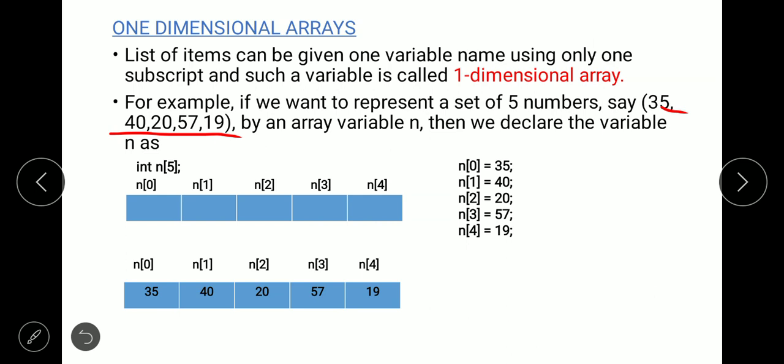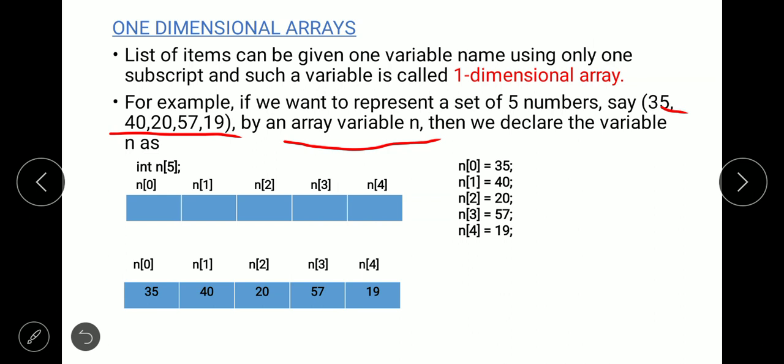But here the data types of all values are the same, that is integer. So we can use an array to represent all these numbers. So these 5 numbers can be represented by an array variable n. Let's give one variable name for all of these values. Let's use only one variable name because it is a 1D array.